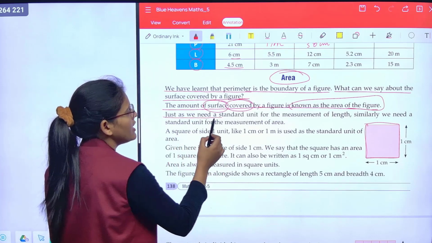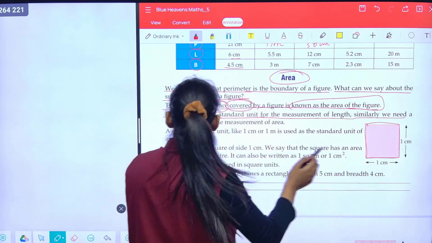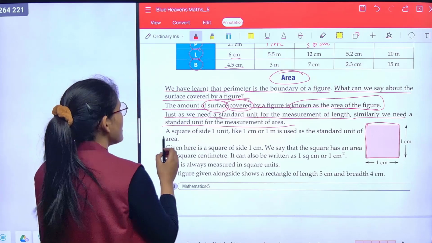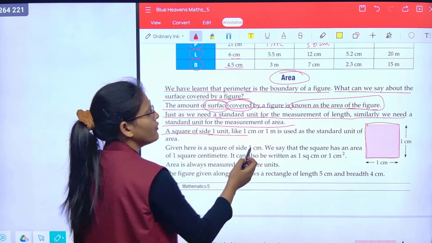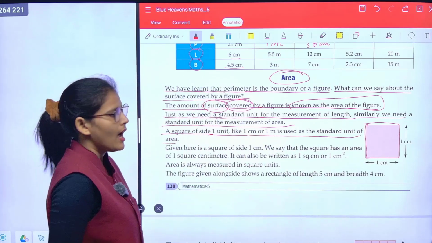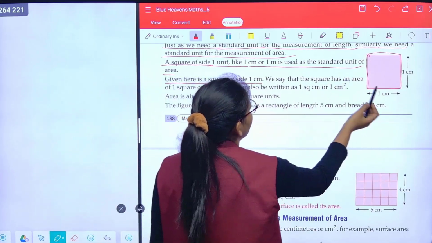Just as we need a standard unit for the measurement of length, similarly we need a standard unit for the measurement of area. A square of side 1 unit like 1 centimeter or 1 meter is used as the standard unit of area. Understand? Given here is a square of 1 centimeter.